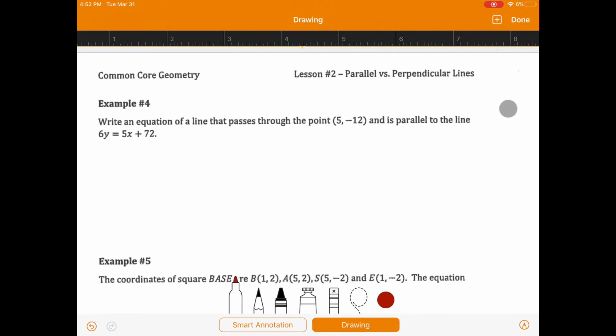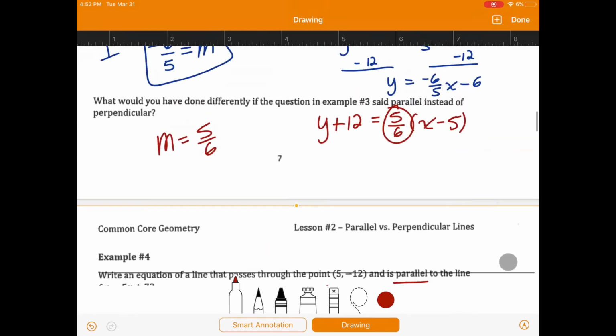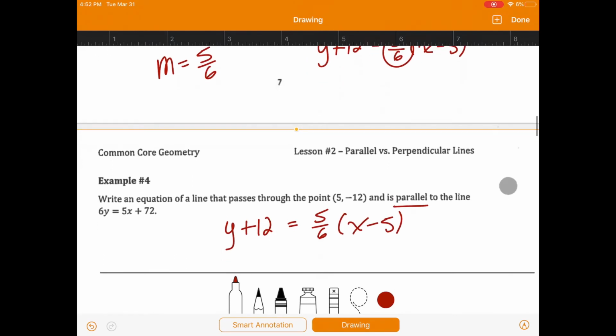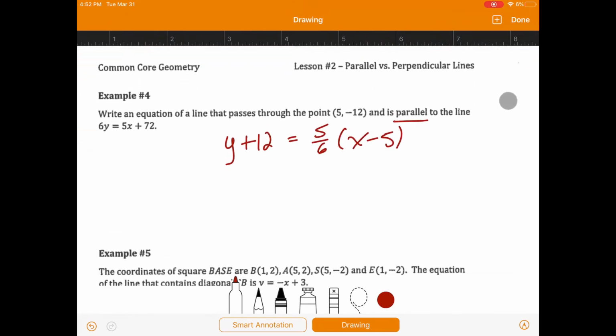Okay, so since this is the same question, except now saying parallel, you're going to use this. Right? That's the same thing that we just talked about up here. It's all the exact same numbers. These are the same, this is the same.